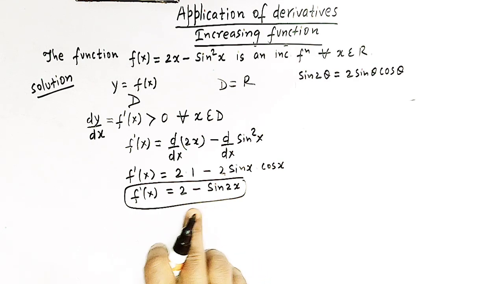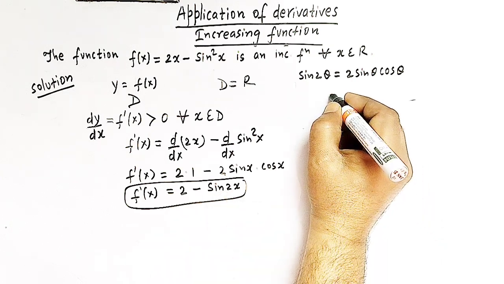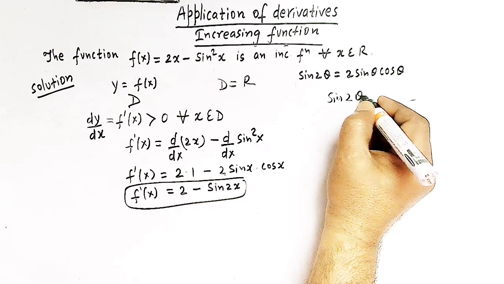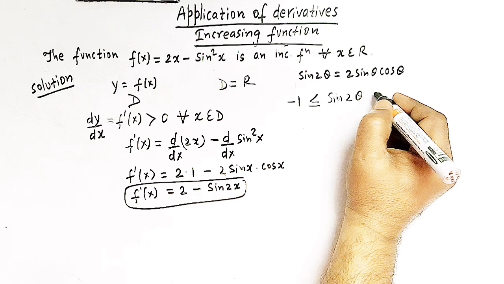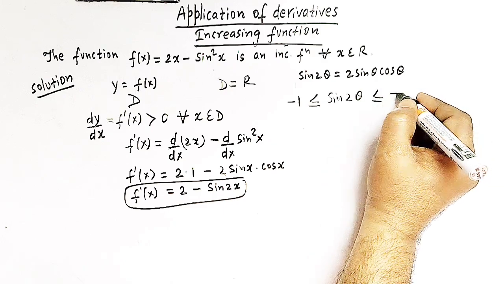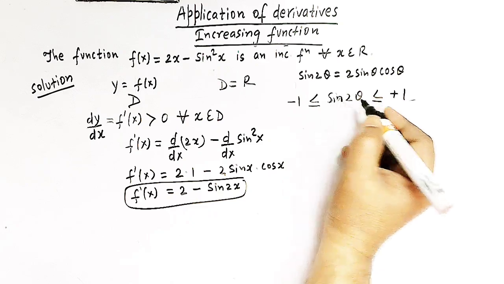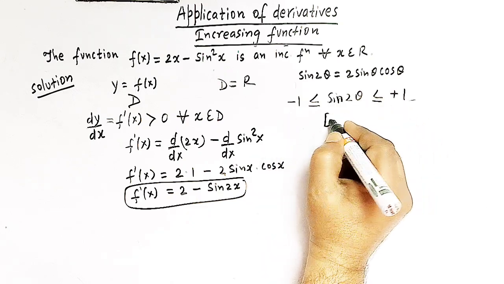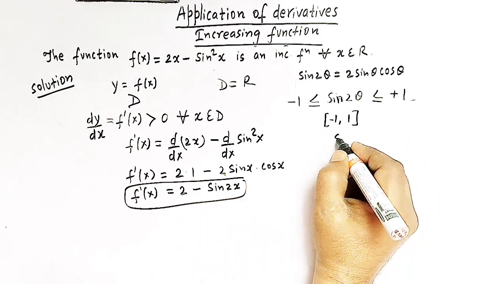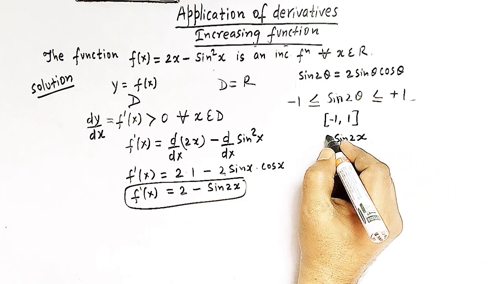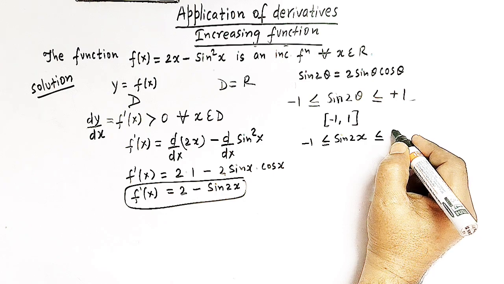Now let us make use of some concept from trigonometry. See, sine 2 theta is always going to be greater than or equal to minus 1, but less than or equal to plus 1, because we know that the range of sine function is from minus 1 to 1. So here we have sine 2x, whose value is greater than or equal to minus 1, but less than or equal to plus 1.